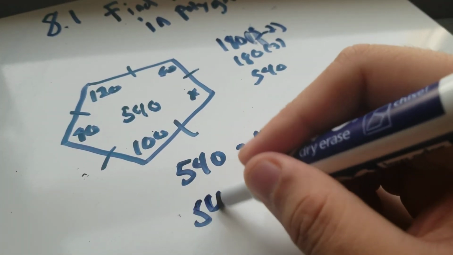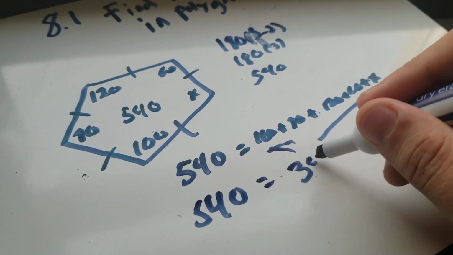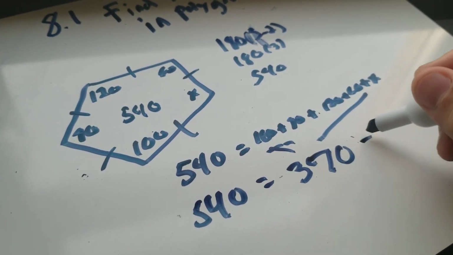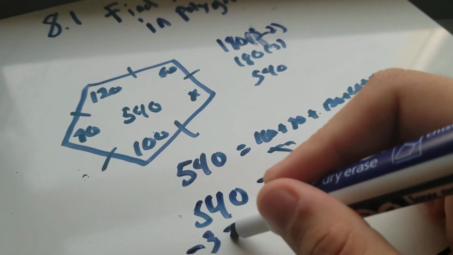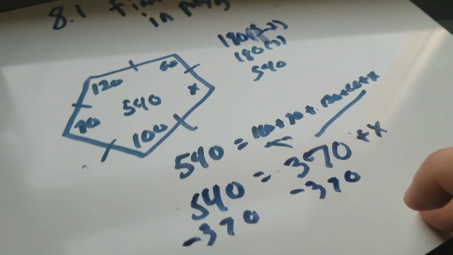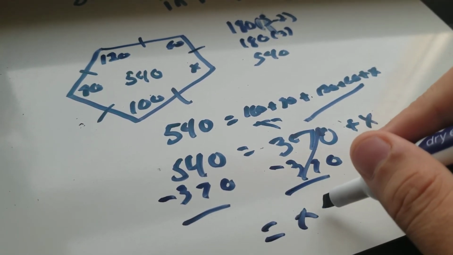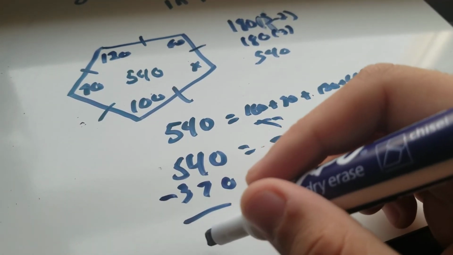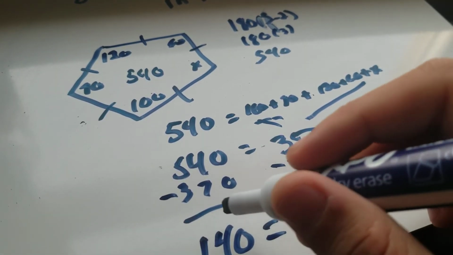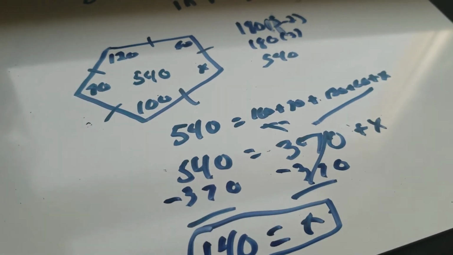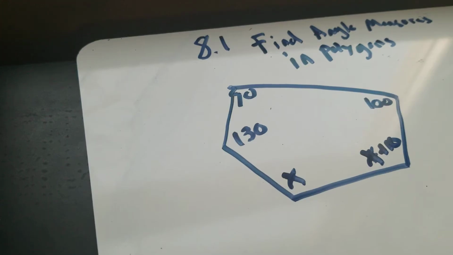So this is 540 equals, I just added all these together, so I combine like terms, 370 plus x. Then I'm going to subtract 370 from both sides, cross that out, and x equals 140. So just like a triangle, if you have all the other angles, you could find the missing angle.